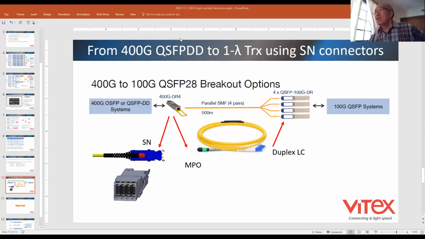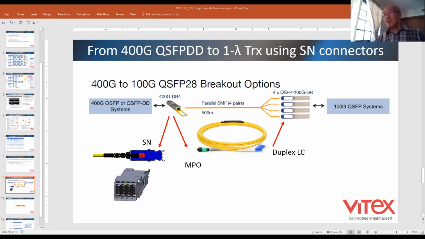What percentage of customers are using MPO versus SN? Very good question. I see some tier 1 customers using it, and I don't know the percentage, but I would think it is not very high, because the transceiver has to be designed like this.